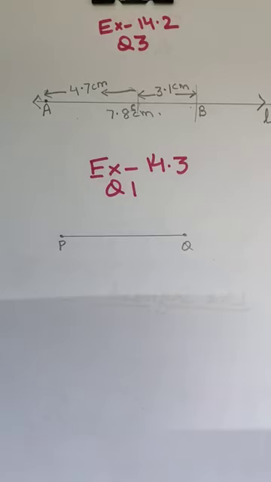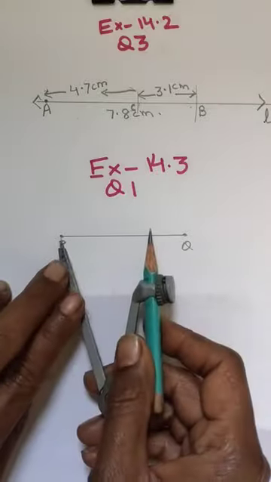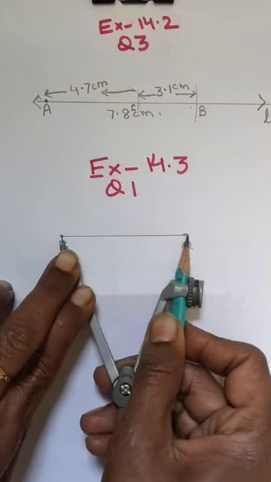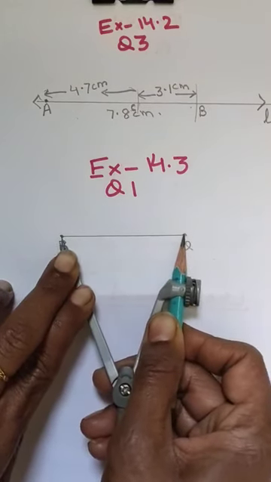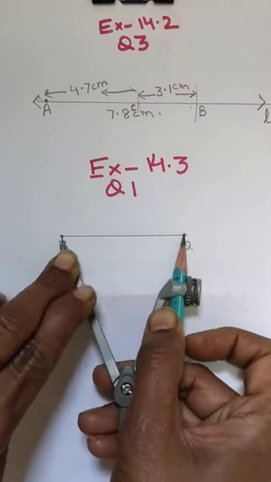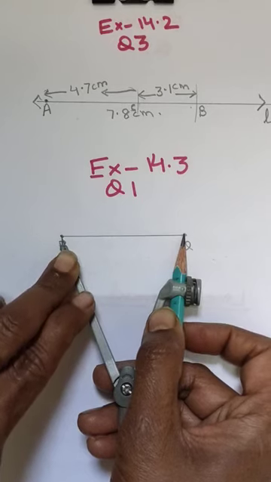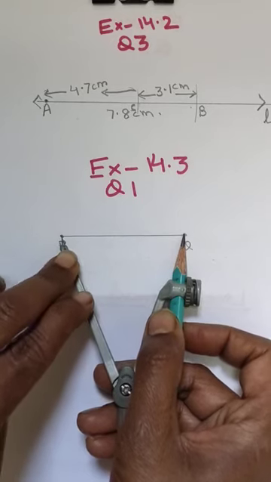What will you do? Place one end of the compass at P and open the compass equal to length PQ. So this is PQ. We have not measured it with the help of a scale. Okay, this is PQ.